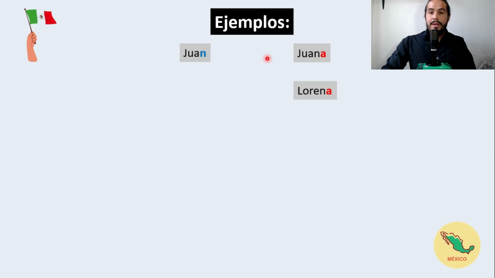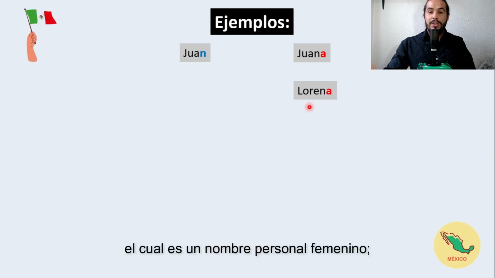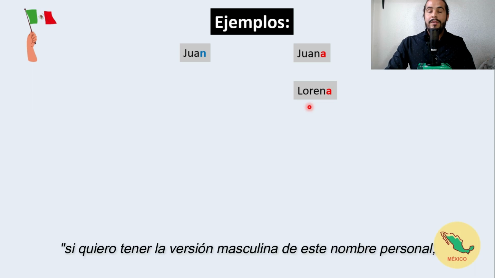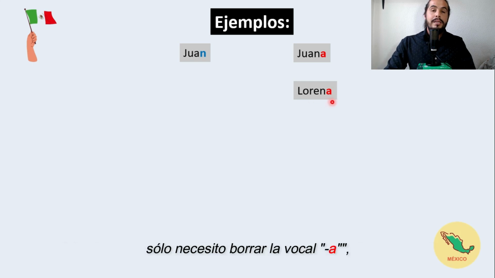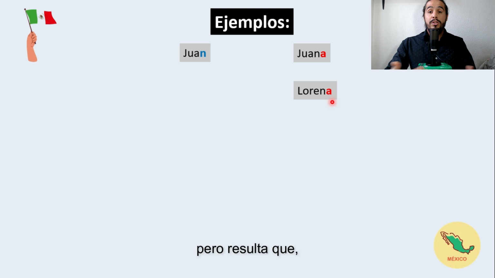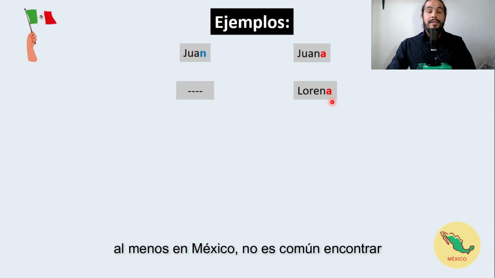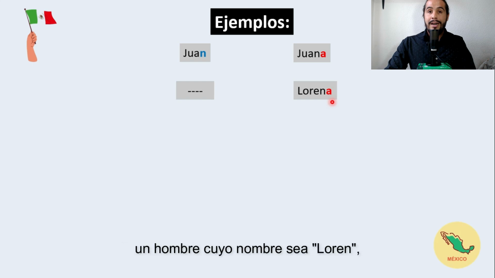Now, if you have the name Lorena, which is a female personal name, you may think, so if I want to have the masculine version of this personal name, I only need to delete the vowel A. But it turns out that, at least in Mexico, it is not common to find a guy whose name is Loren.